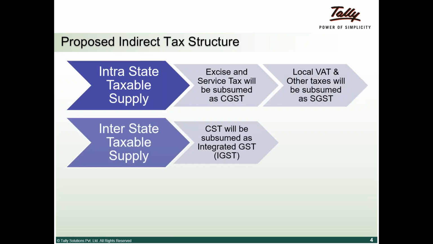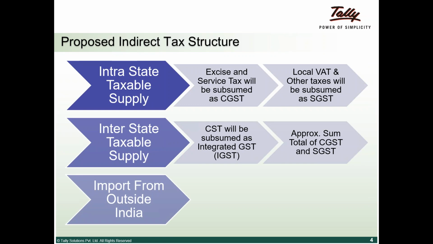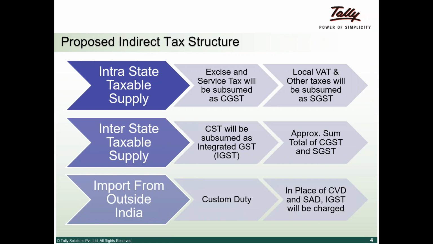Basically, taxes are divided into three buckets: intrastate taxability, interstate taxability, and import from outside India. Your excise duties and service taxes will be subsumed as CGST, local VAT and other taxes will be subsumed as SGST, and interstate taxability, which so far is called CST, will be subsumed as IGST.